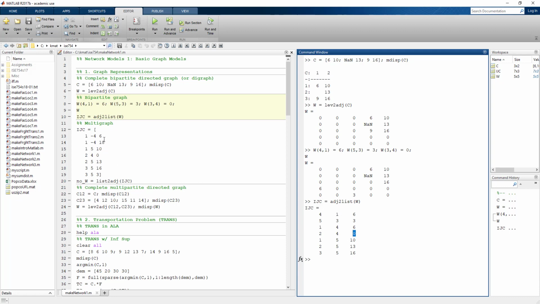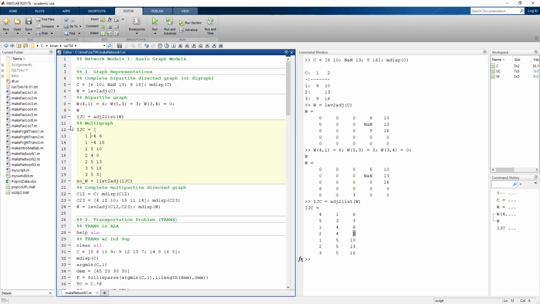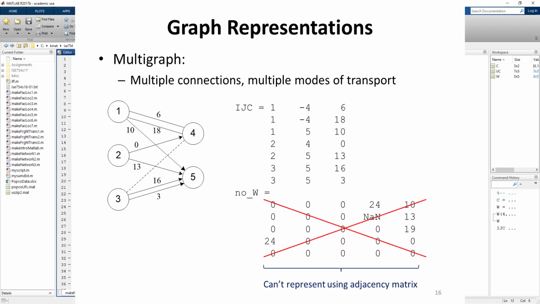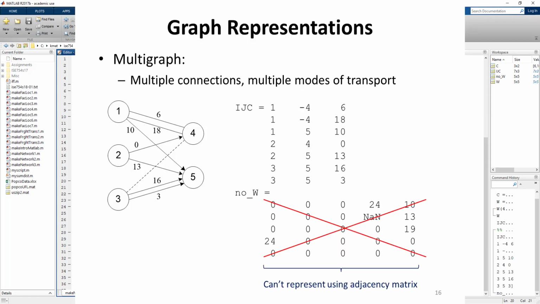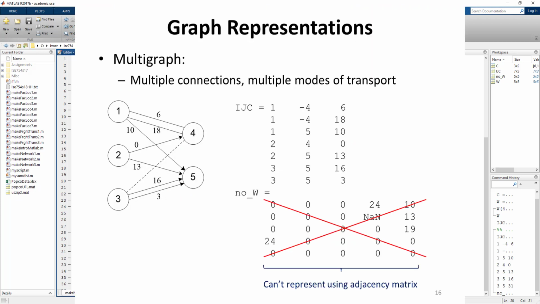So in the next example, we have a multigraph, and here I'm going to explicitly generate my arc list, and here I'm using the minus sign convention. And in this case, it's a multigraph because I have 2 undirected arcs between nodes 1 and 4.